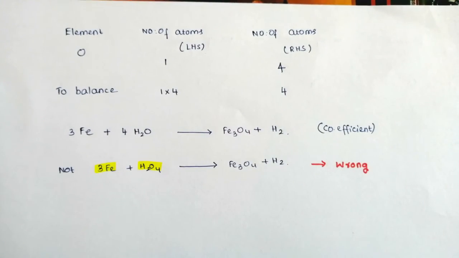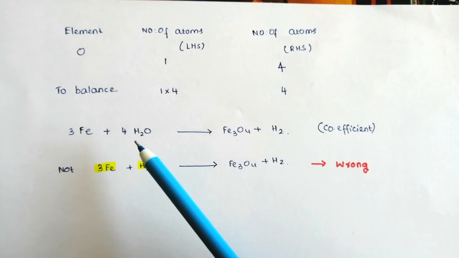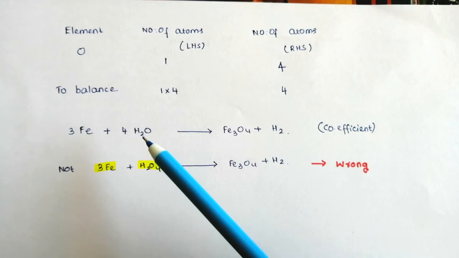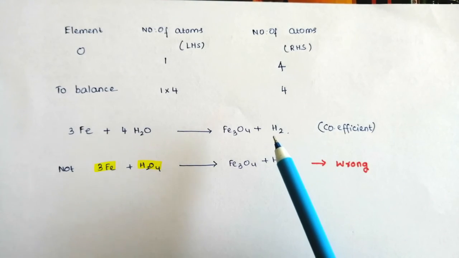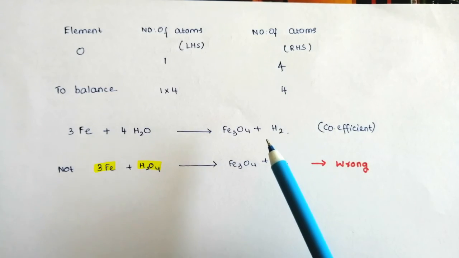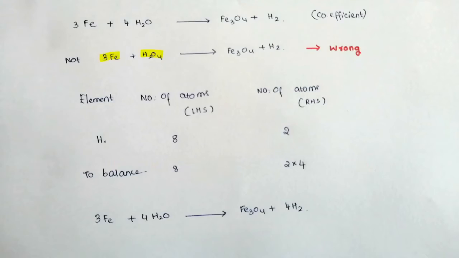If you see this equation, is it completely balanced? No. See the number of hydrogen atoms here. Here we have 8 hydrogen atoms, but here we have only 2. The final thing is you have to balance this hydrogen atom to make it a completely balanced chemical equation.